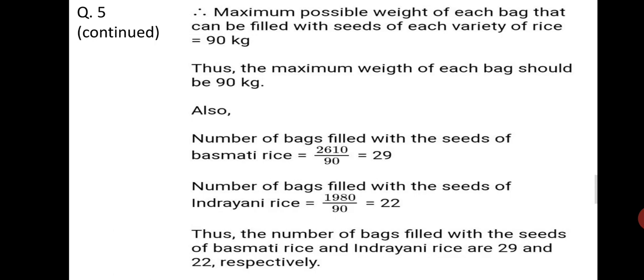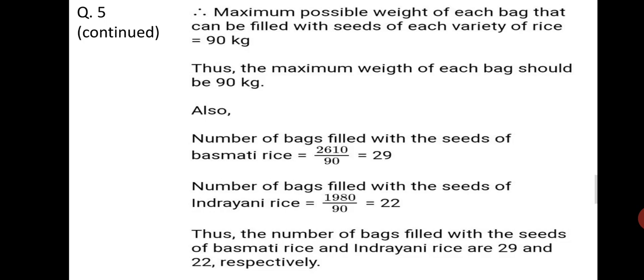Now, if the maximum weight of each bag is 90 kg, we are asked how many bags of each variety will there be. So, we will have to divide the total kg of that variety by 90 to find out how many bags will be filled with the seeds of that particular variety.